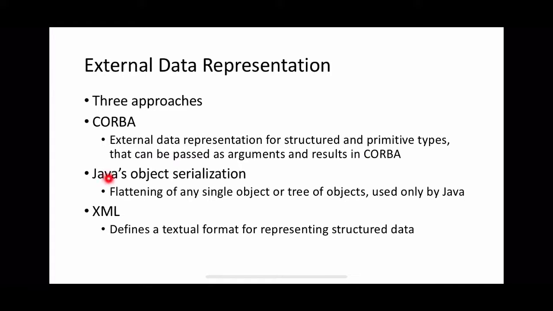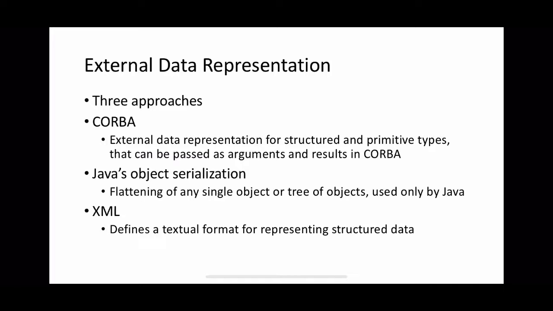The second one is Java's object serialization, which is specifically for Java. It is a method of flattening any single object or tree of objects at the sending side, and at the receiving side it is restructured, that is, deserialization is done to restore the original data structures of objects.